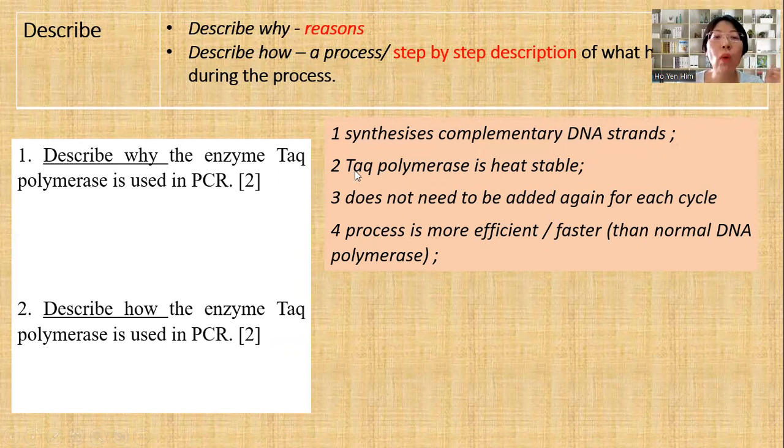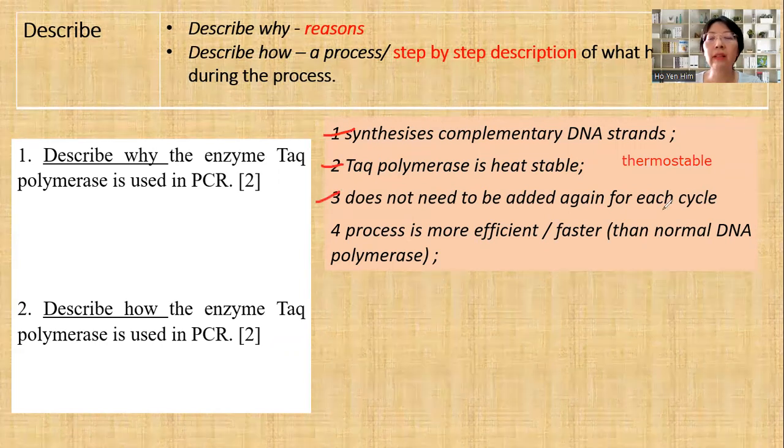And then number 2, why do we use this Taq polymerase? Because it is heat stable, or I like the word thermostable. And also it does not need to be added again for each cycle because it's thermostable. When we do the PCR, we bring the temperature to a very high temperature to speed up the rate of the DNA replication.